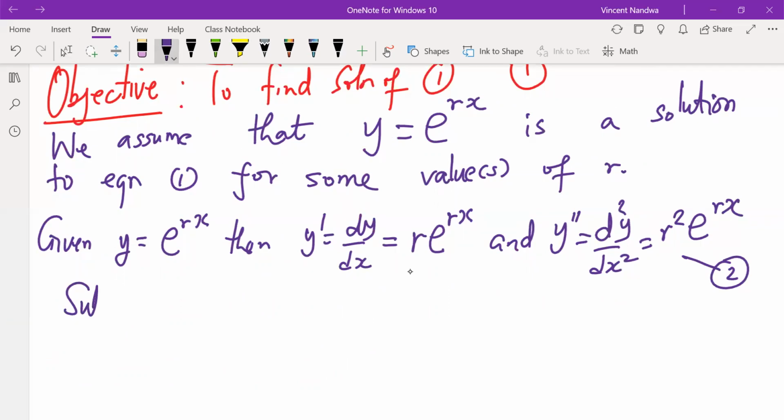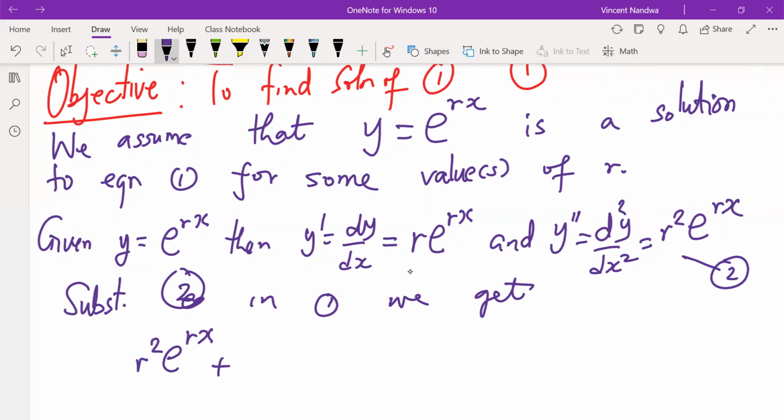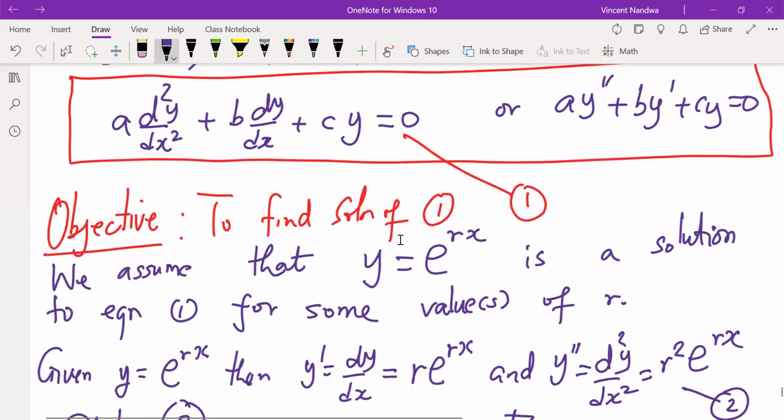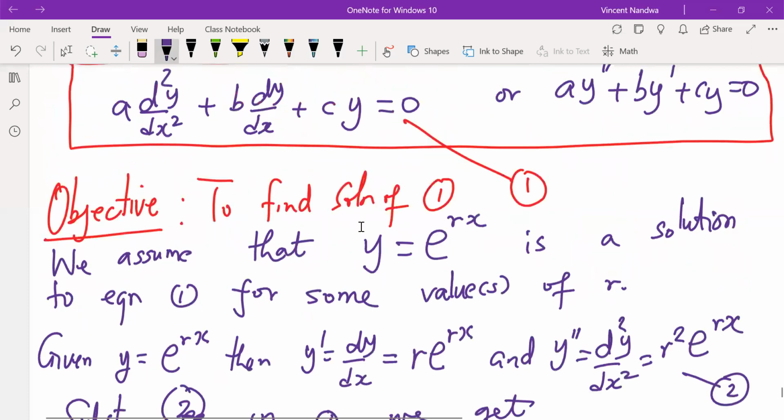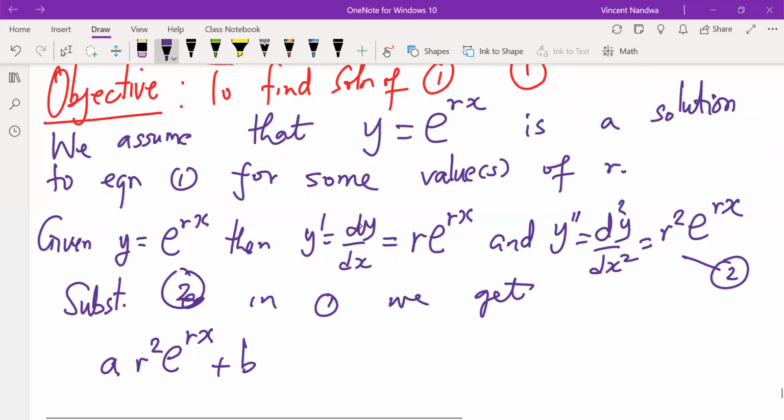Now substituting 2 in 1, the second derivative will be replaced by r squared e raised power rx, and remember the coefficient is a, and then b times the first derivative, plus c times the function y, equals 0.